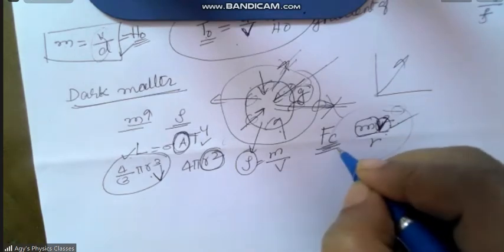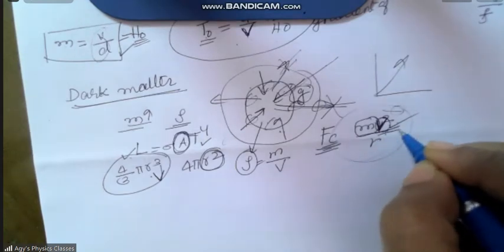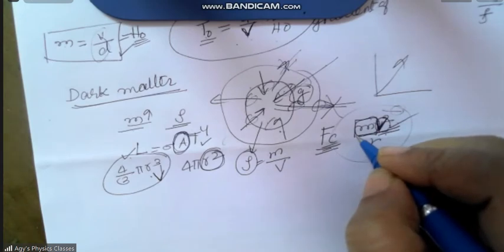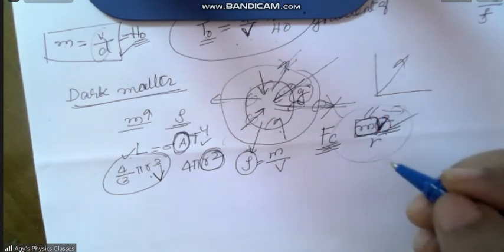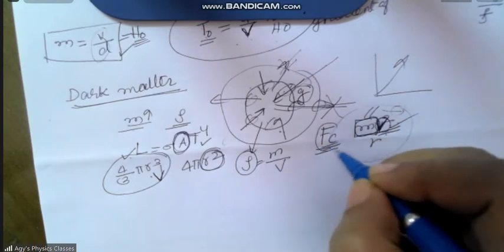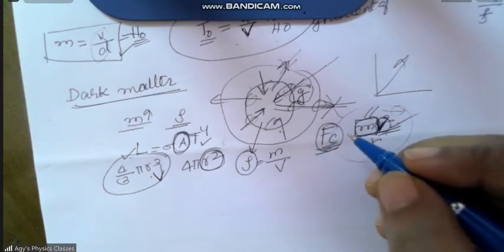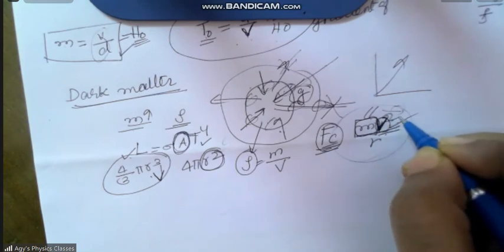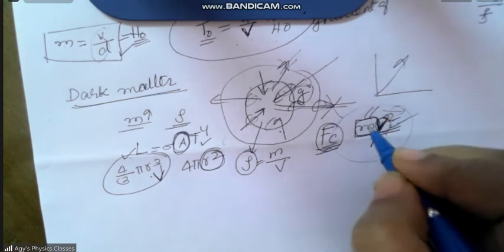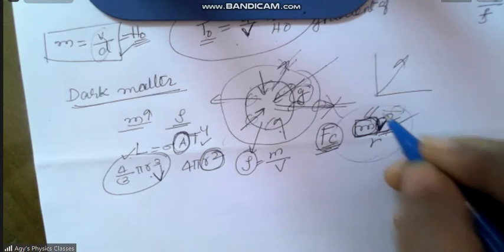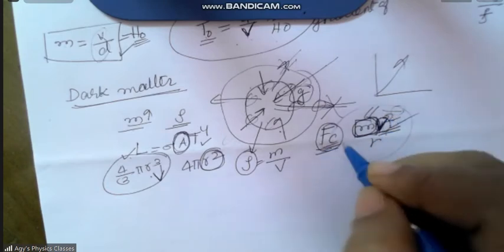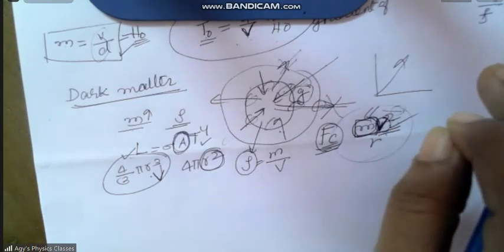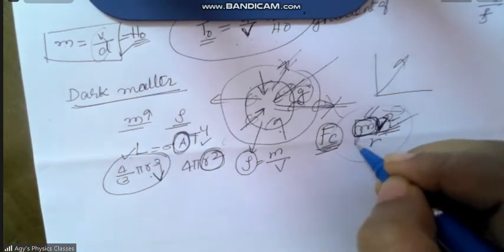But for this centripetal force with this much speed, the mass that they calculated was not sufficient. There came the problem. The mass which was needed to provide the centripetal force was too less.